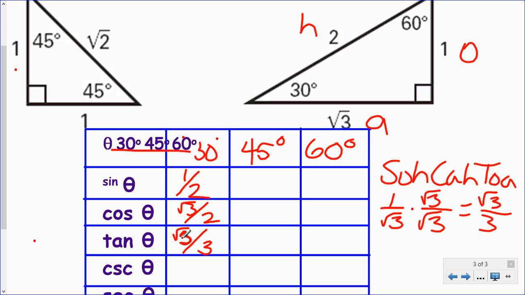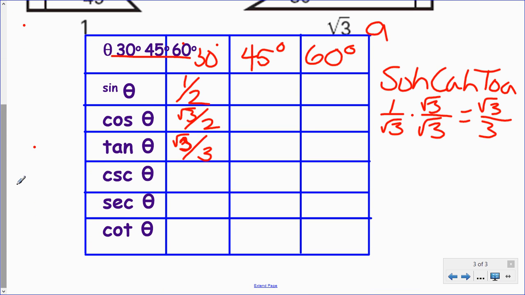Now, remember, to find the remaining trig functions, or the reciprocal trig functions, all we have to do is flip the first 3. So cosecant is the reciprocal of sine. So if we flip the 1/2, we get 2. Secant is the reciprocal of cosine. So actually, initially, that'll be 2 over square root of 3.